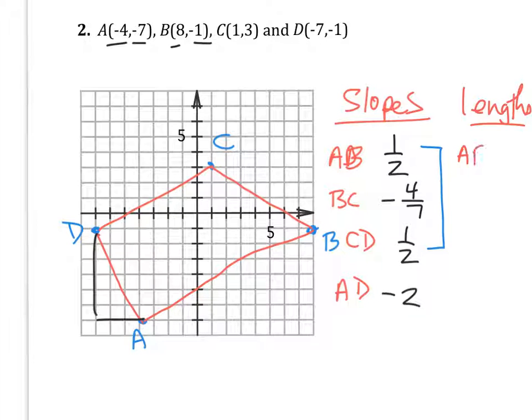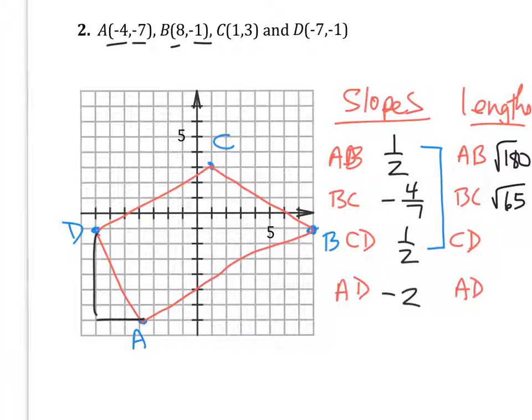So now you have to find the length of AB, BC, CD, and AD. We get the square root of 180. If we do from B to C, you said it's down 4 over 7, so the 2 legs of the triangle are 4 and 7. 4 squared is 16, 7 squared is 49, 16 plus 49 is 65.